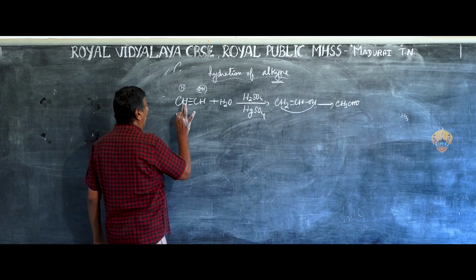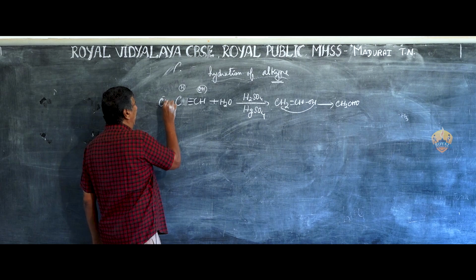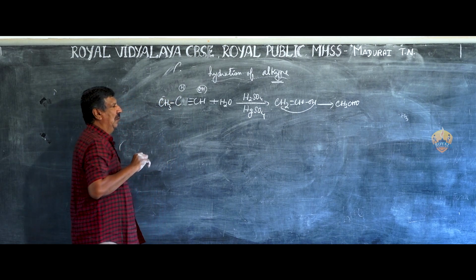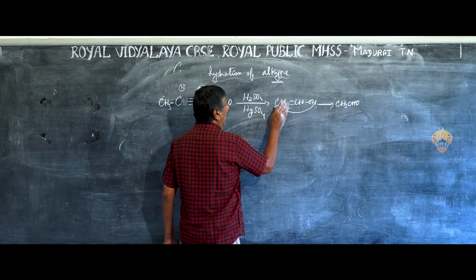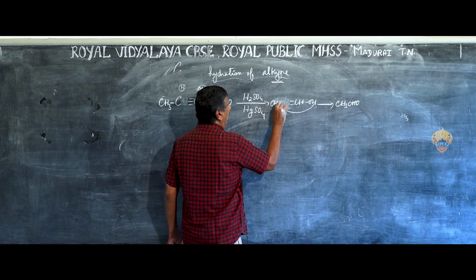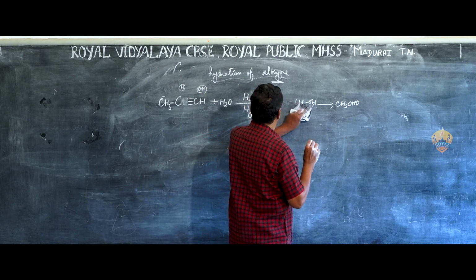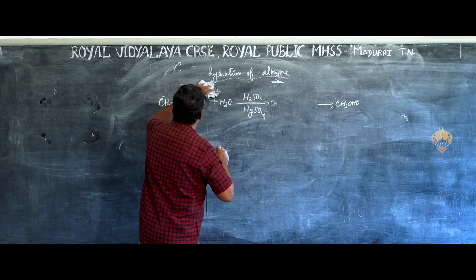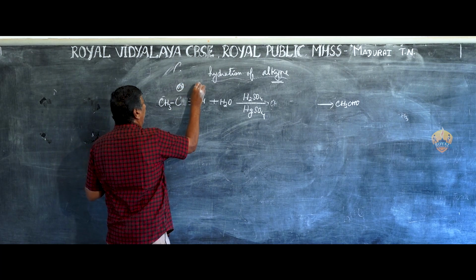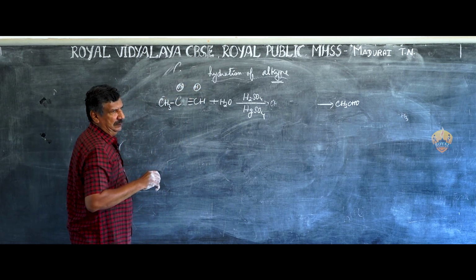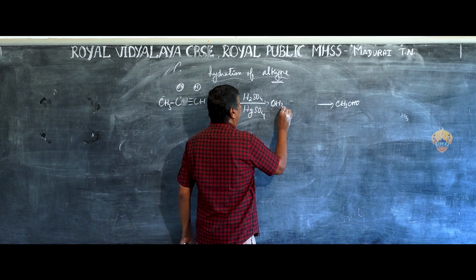Okay, when you have this formula and apply it for propyne, what will you say? You will write like this. For propyne, OH at the middle, H in the corner. So, you write like this.